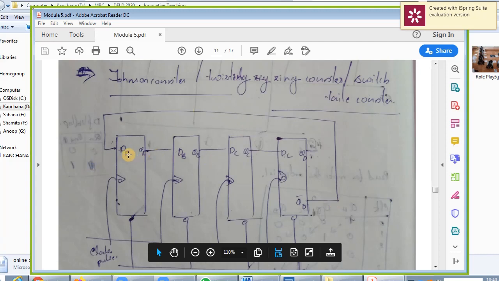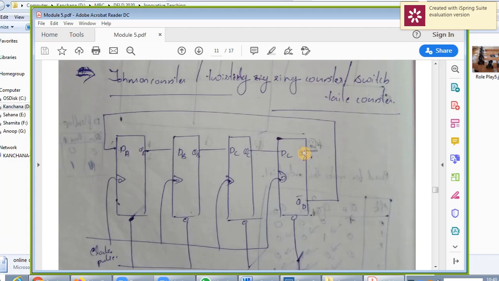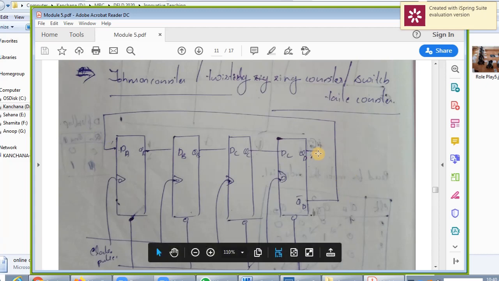What is the difference? In the ring counter, QD is connected to DA, but in the Johnson counter, QD bar is connected here instead. So that it is called a twisted ring counter. The ring counter is twisted.